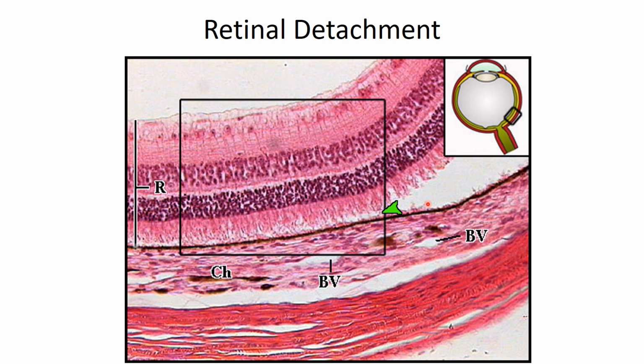If the detachment is in between the outer pigment cell epithelium and the neural layer, this is the line of retinal detachment that leads to blindness. That can be reversed through laser surgery, if it is reattached at that portion. So this is the rationale of retinal detachment.